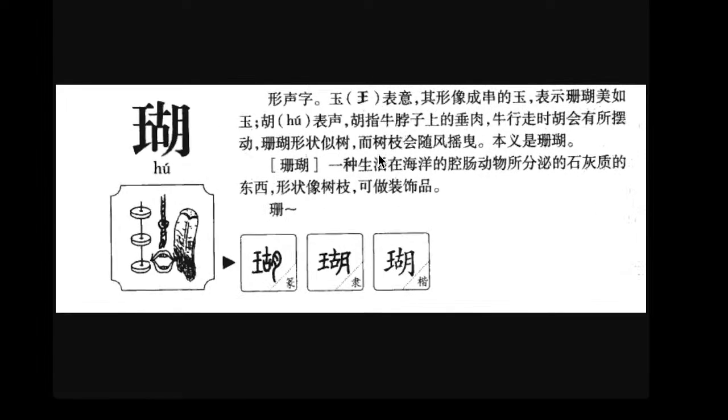Now coral reefs look like trees, like plants under the water, and they wave with the current. So that movement looks like that hu, and that's why they use this hu to describe how shanhu looks in water.